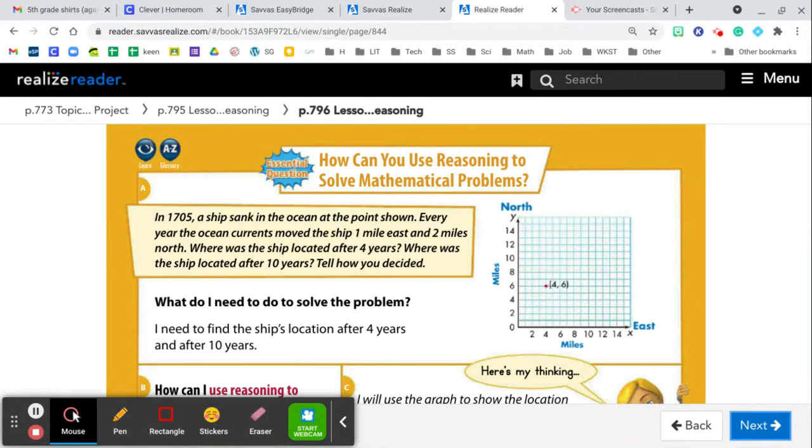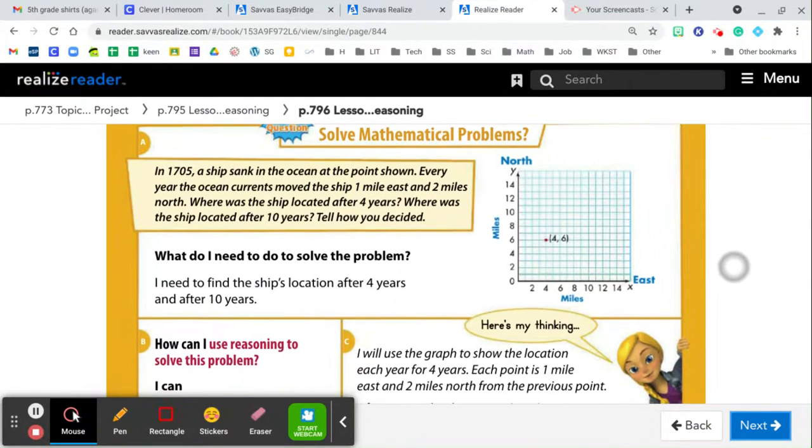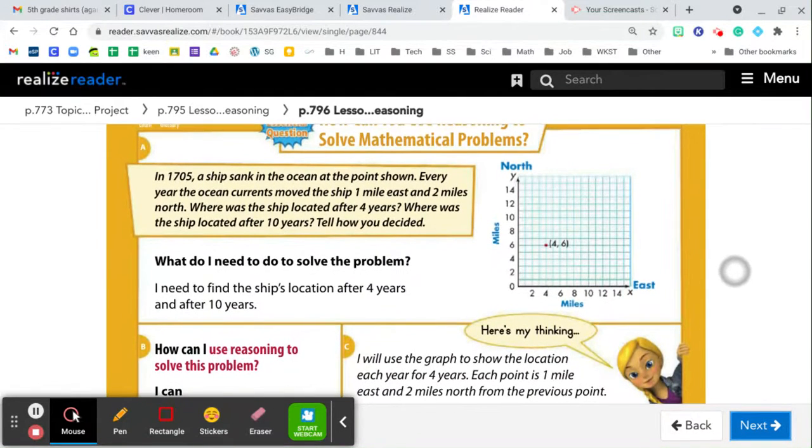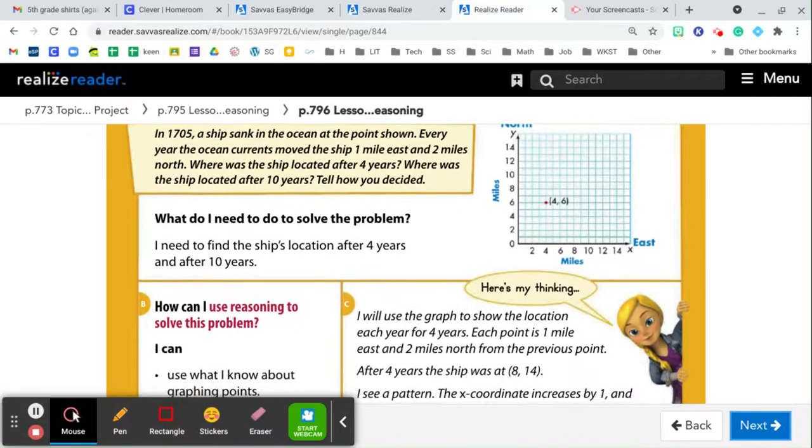And on the next page, how can using reasoning solve math problems? In 1705, a ship sank in the ocean at the point shown. Every year, the ocean current moved the ship 1 mile east and 2 miles north. So we've got a rule here.